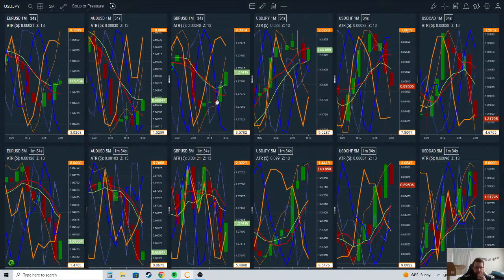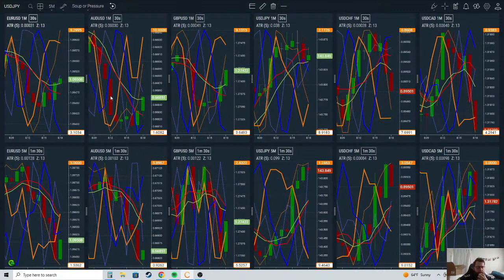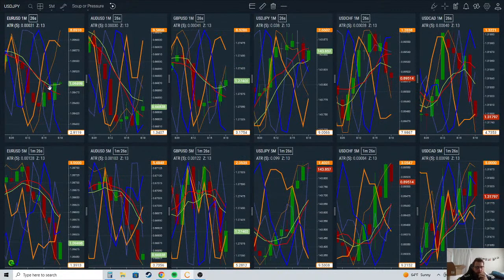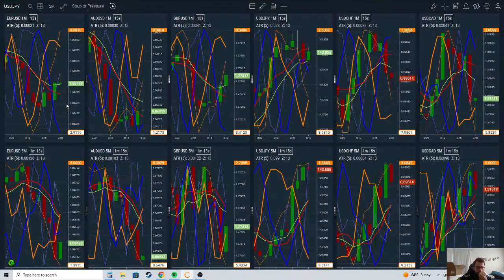Not much as far as opportunities to buy or sell right now. Maybe here we're getting a little drawback that we could look at taking a short trade if it starts going back down.